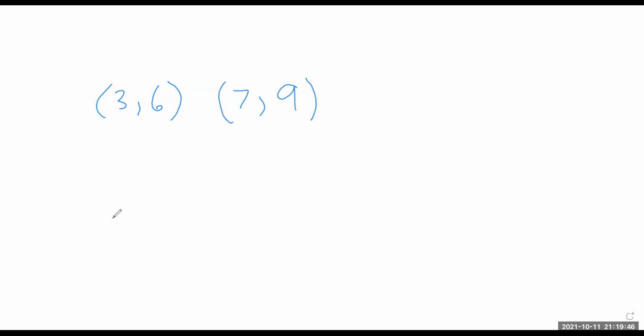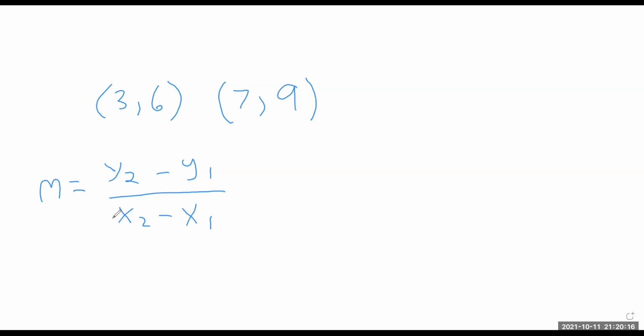Well, we have an equation to help us out, and this is our slope equation. So our slope equation is going to be m equals y2 minus y1 over x2 minus x1.